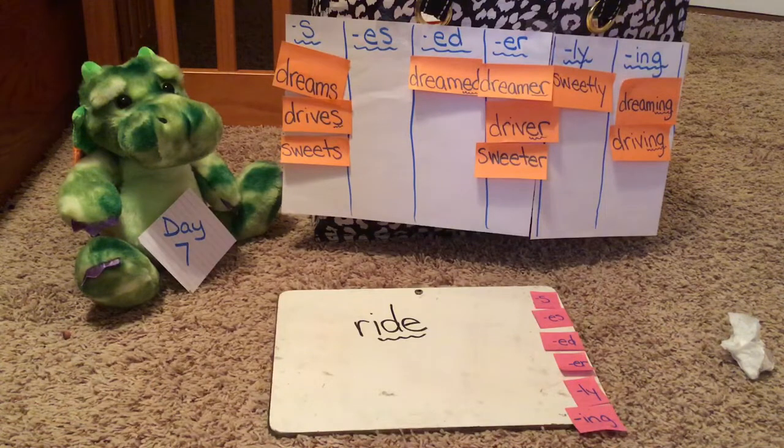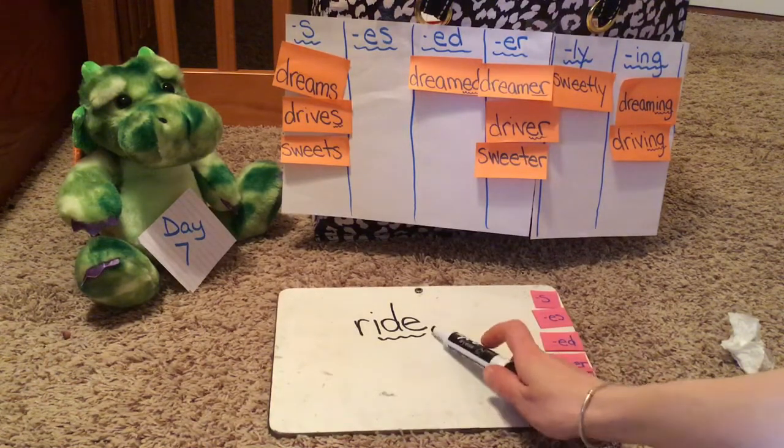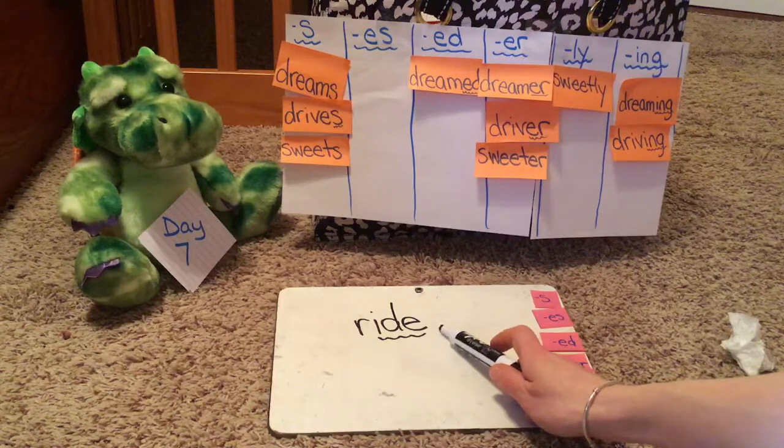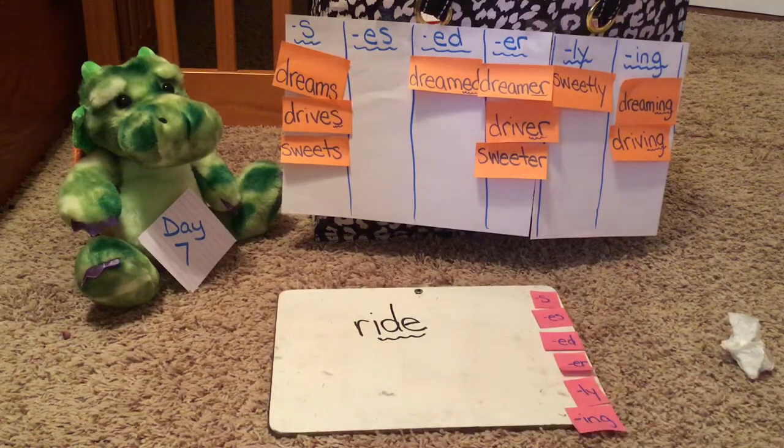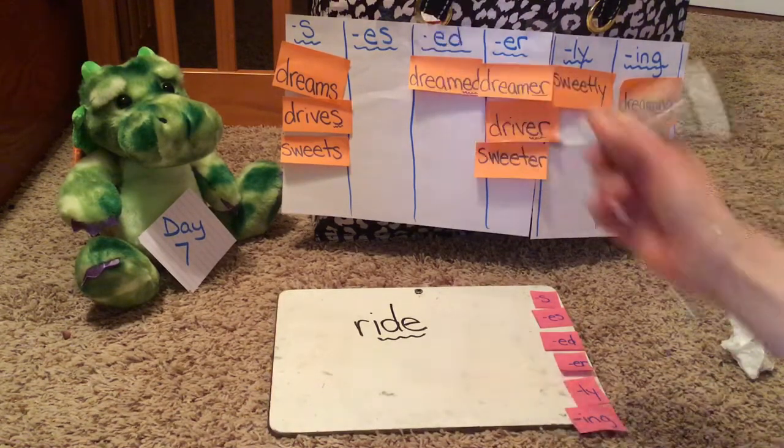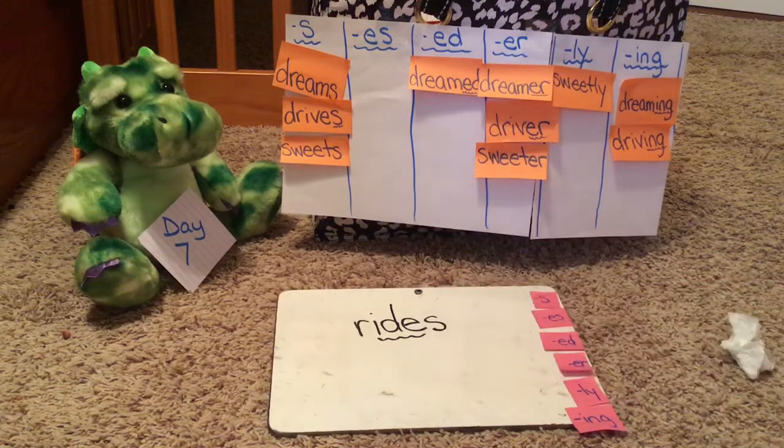Maybe like at the fair, I go on a lot of rides. Okay, now if you look at ride, it ends in a consonant, but when I add that S, it doesn't have a consonant in the beginning of my ending. So all I need to do with this one is just add an S. Rides.